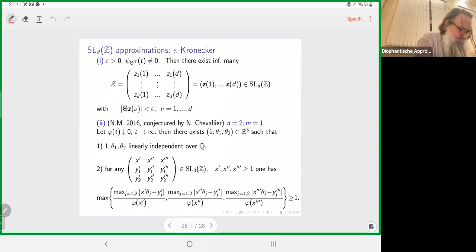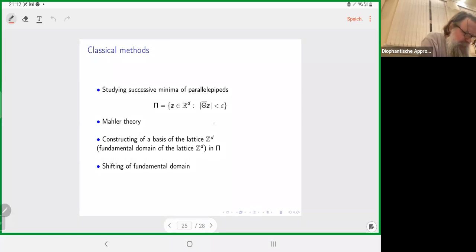First of all, I want to speak about Kronecker's qualitative result with this epsilon. We can improve it a little bit. It is almost trivial, sorry.